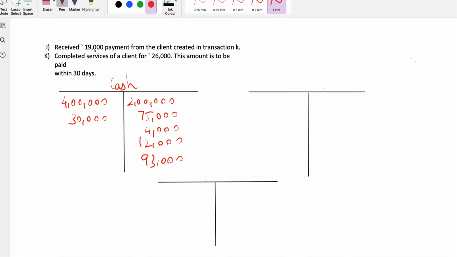Now 19,000 has been received, so 19,000 will be debited since there is an increase in asset. Here in the client account or the debtors account, this had a balance of 26,000. Now there is a reduction by 19,000. This will be credited. So cash will be debited, client account will be credited.